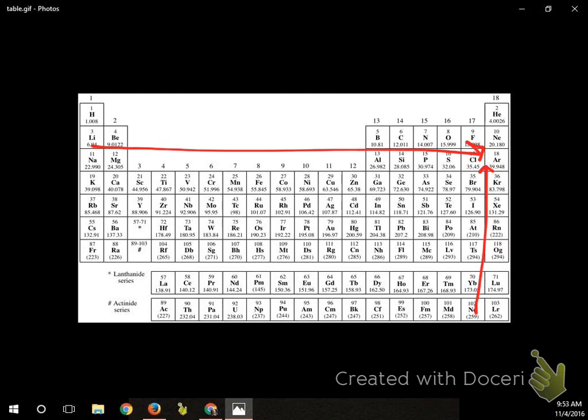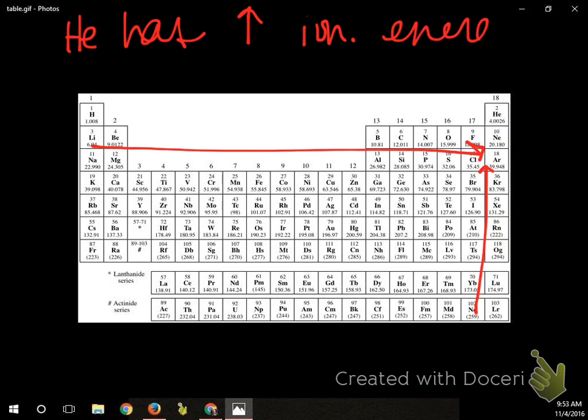So that means helium has the highest ionization energy. Helium has the greatest ionization energy. To remove an electron, helium requires the most amount of energy. Helium wants to keep its electrons the most out of anyone else. That's what we're essentially looking at here. It's going to take a lot for it to get rid of an electron.